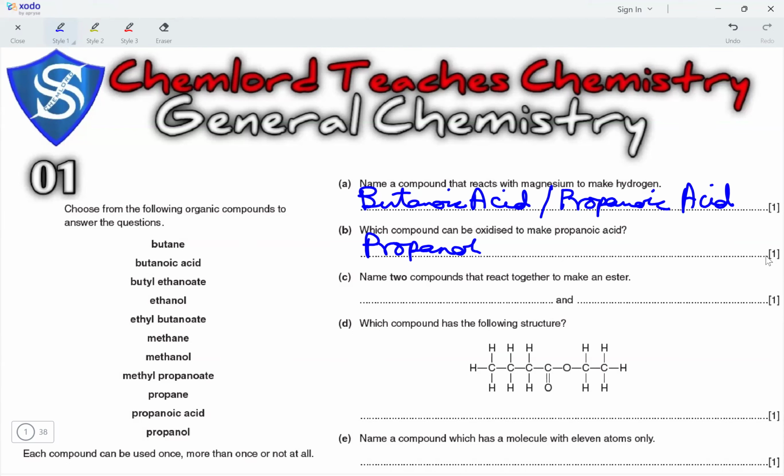Name two compounds that react together to make an ester. So compounds that react together to make an ester are a carboxylic acid and an alcohol. So we've got a different choice of acid as well as alcohol here. The choice of acid includes butanoic acid, or we have propanoic acid.